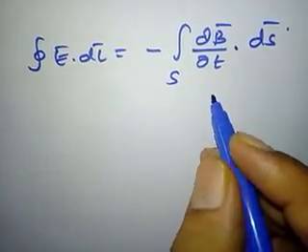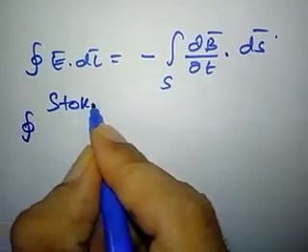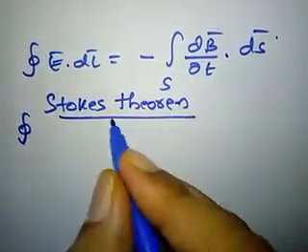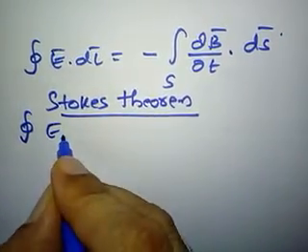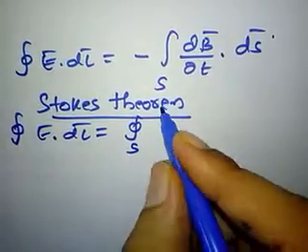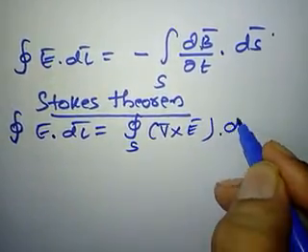Using Stokes theorem. What is Stokes theorem, students? Stokes theorem says the closed integral of E bar dot dl bar is equal to the surface integral of del cross E bar dot dS bar.